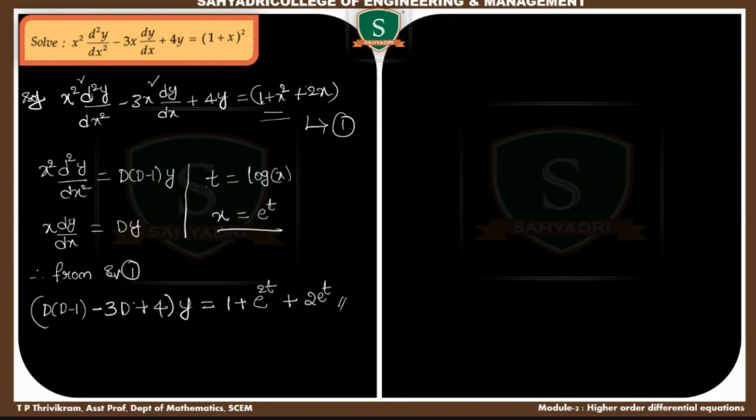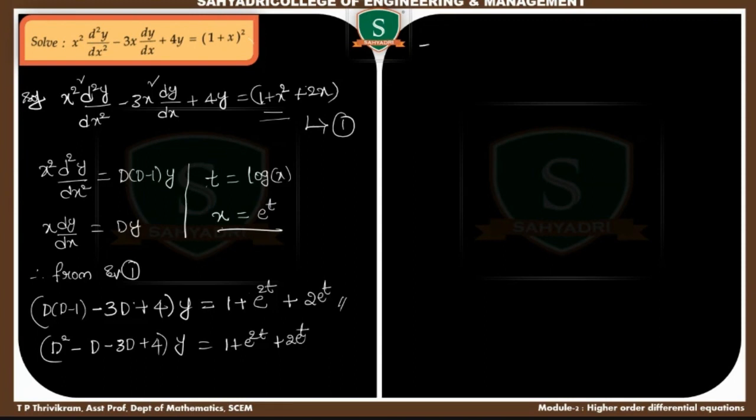So now simplify this. How much you'll get? D into D, you'll get D square minus D minus 3D plus 4, into y is equal to 1 plus e power 2t plus 2 e power t.